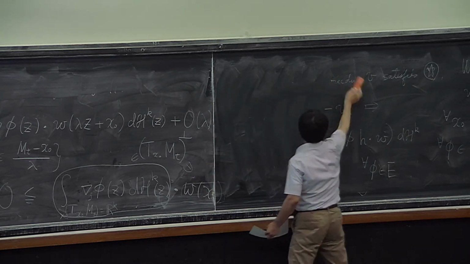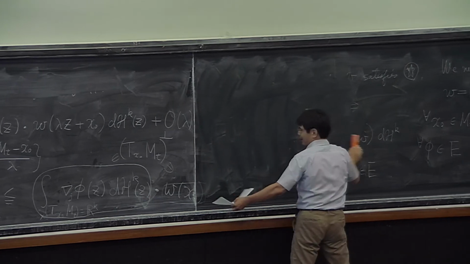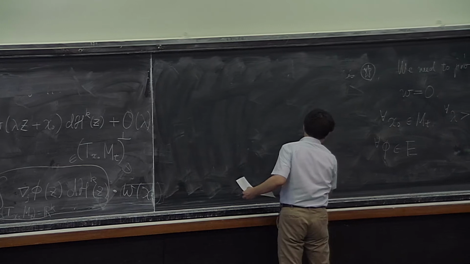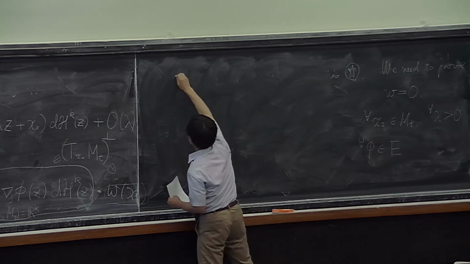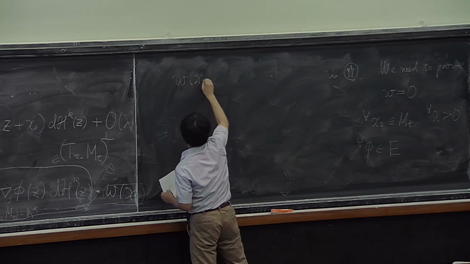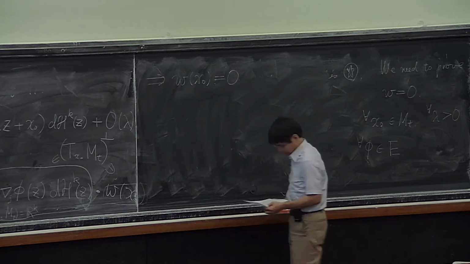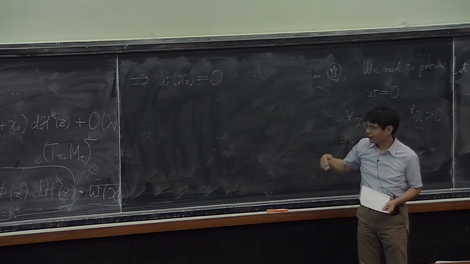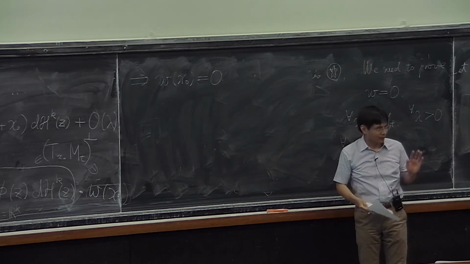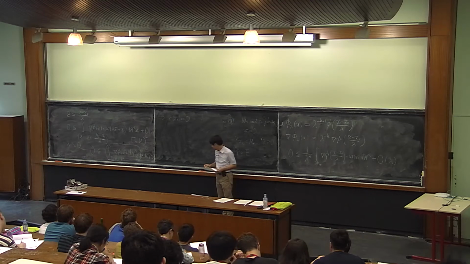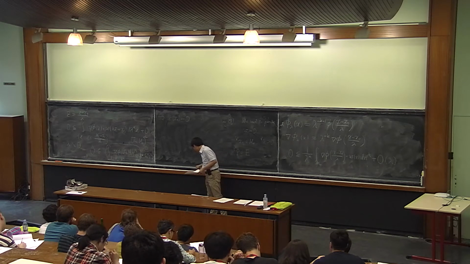So this shows that in fact, if this has to be true for any phi, then W has to be equal to 0. So actually, that inequality does characterize the normal velocity.